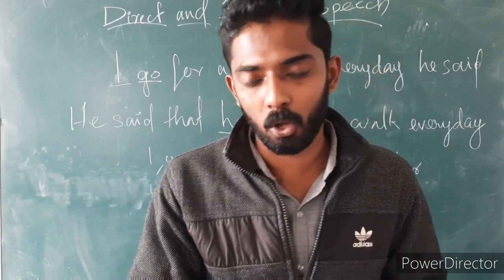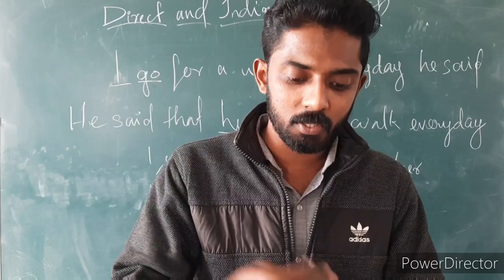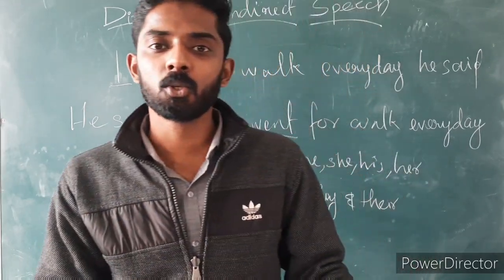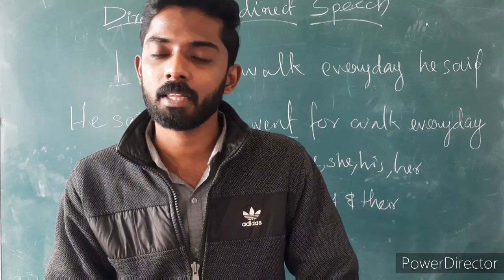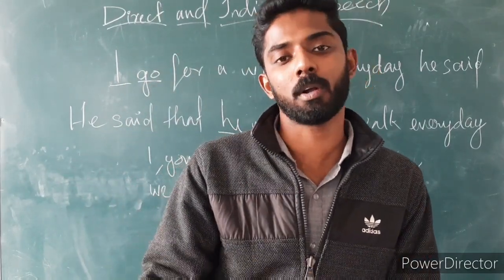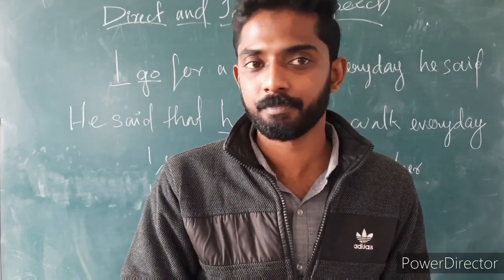If you are simply saying, you say that something has happened, we are not mentioning to whom you have said. But in the second sentence it is clear that you are saying something to someone. In those places we use tell.